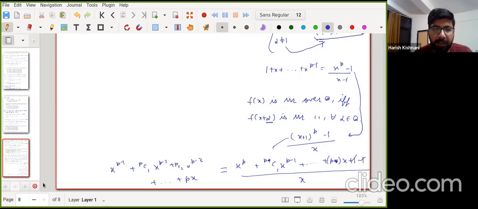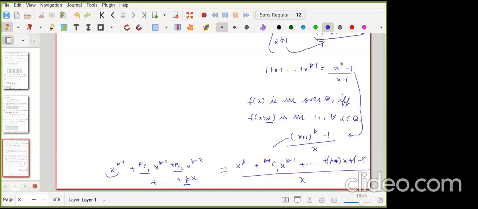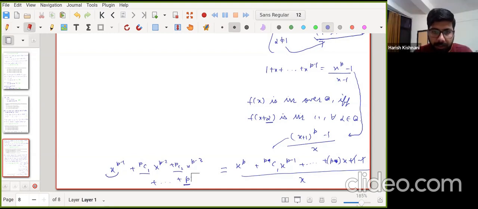Now you apply Eisenstein criteria. All these are divisible by p, and the coefficient of x^(p-1) is not divisible by p, and after dividing by x the constant coefficient will become p, which is not divisible by p square.